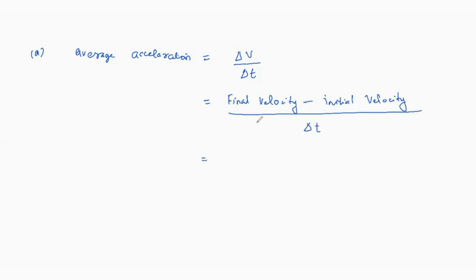So final velocity was 11 meters per second minus initial 0 meters per second over 4 seconds, where the answer is 2.8 meters per second squared.